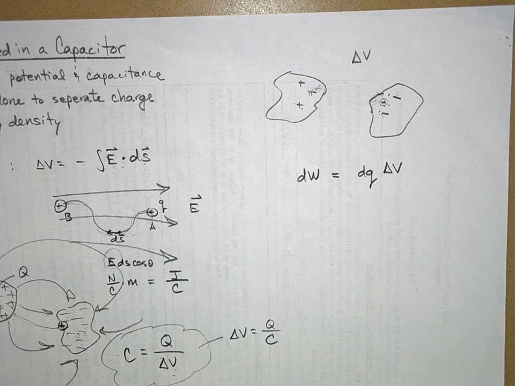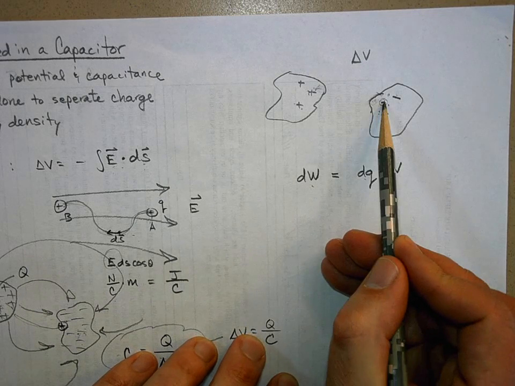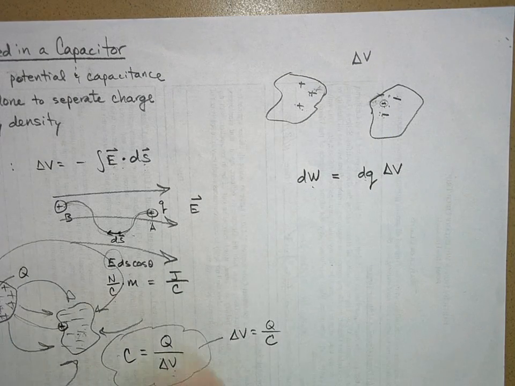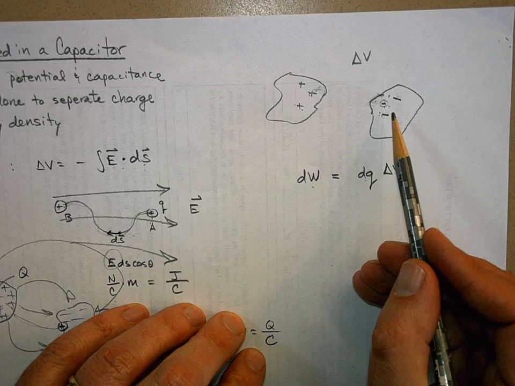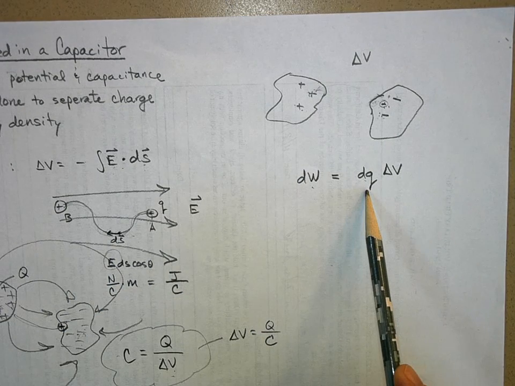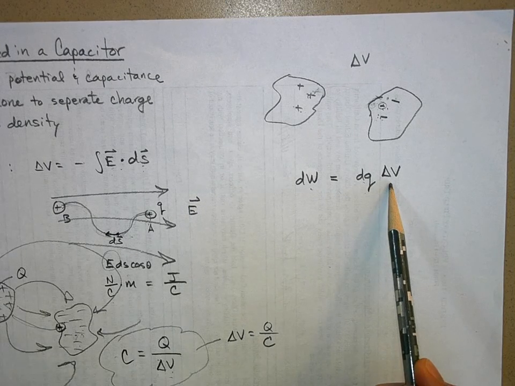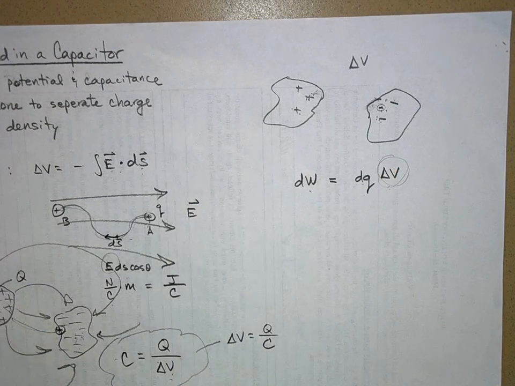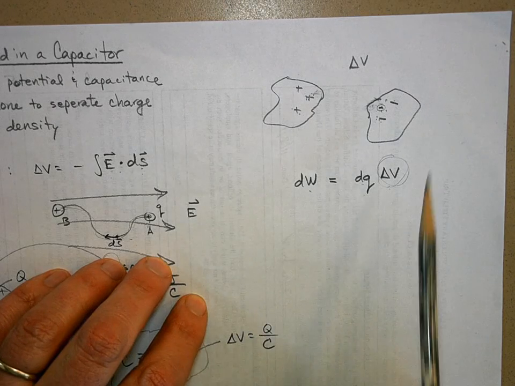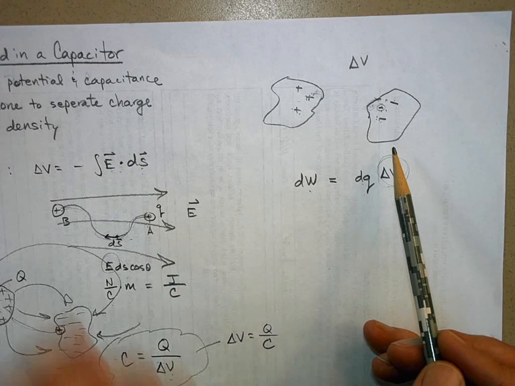So the work it takes to move a charge from here to here, which will be the energy stored after I add up all the work, is equal to a little tiny bit of charge moved times the voltage. But this voltage depends on how much charge has been separated. And the more I move it, the more charge there is.